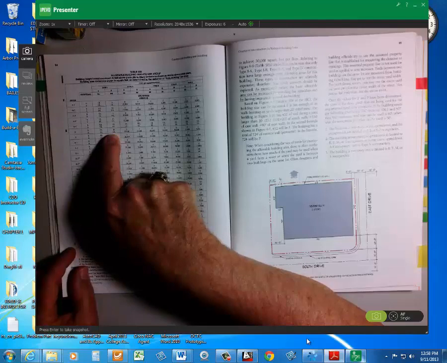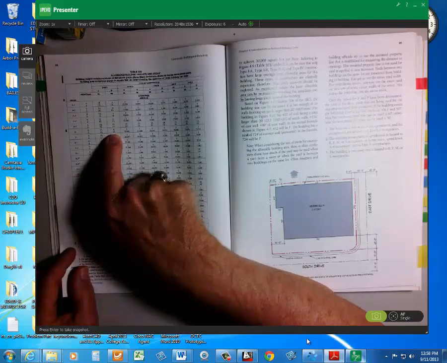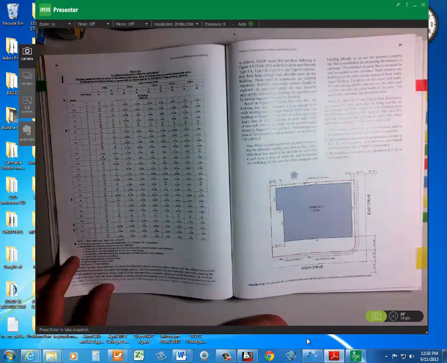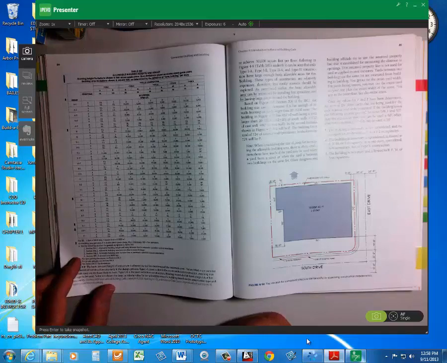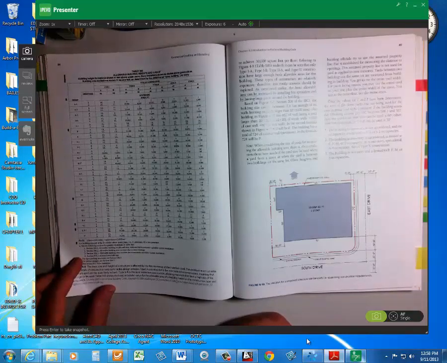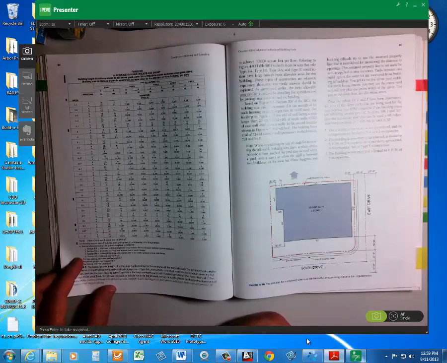If it's a type 1B, 11 stories. Okay. But unlimited area on each story. But we could build a type 1A construction, and it's unlimited for several different types, isn't it?